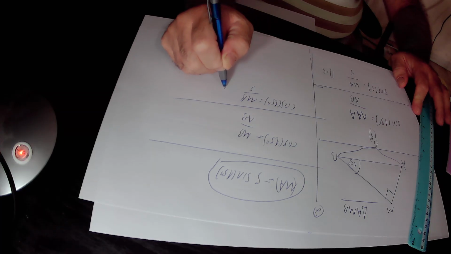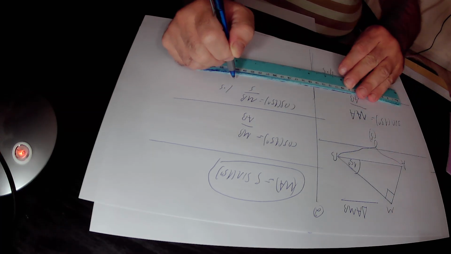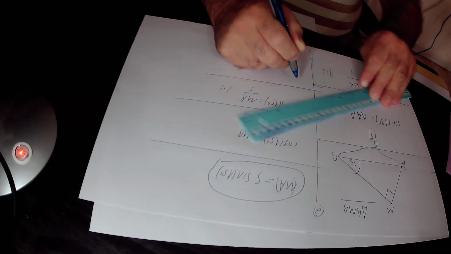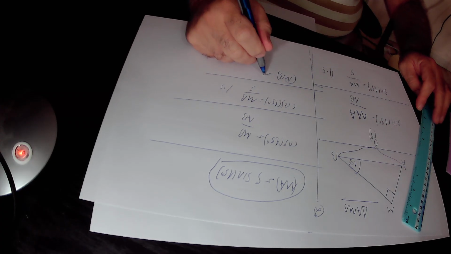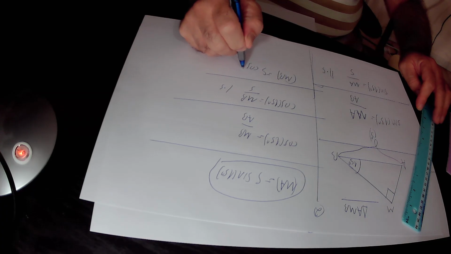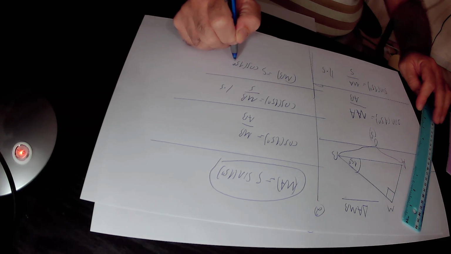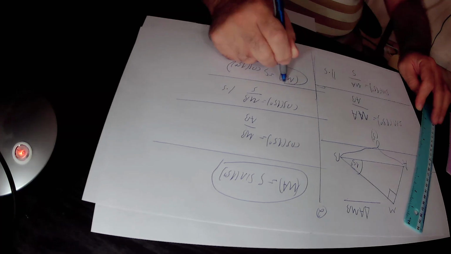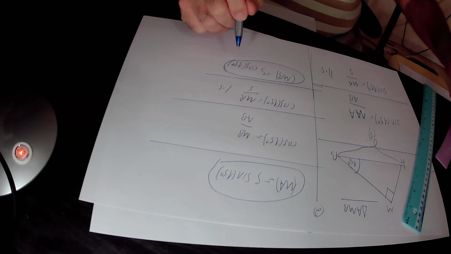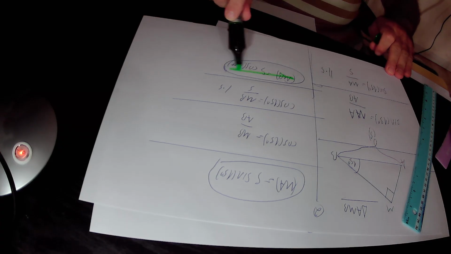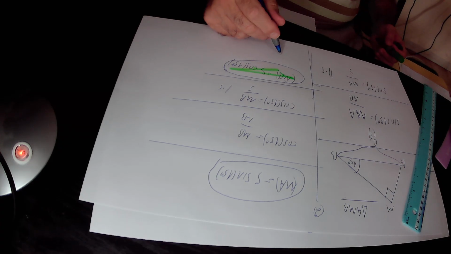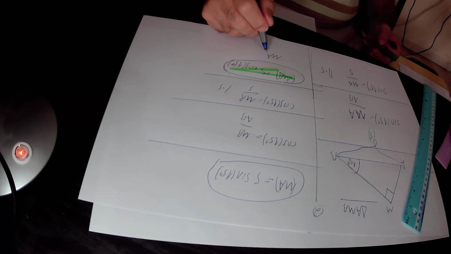Here we multiply this equation by 5 and finally get that MB is equal to 5 times cosine 15 degrees. And we already found out that MA is equal to 5 times sine 15 degrees.